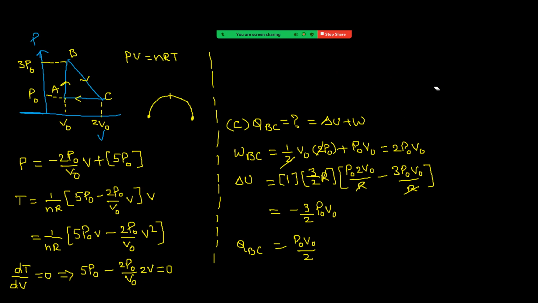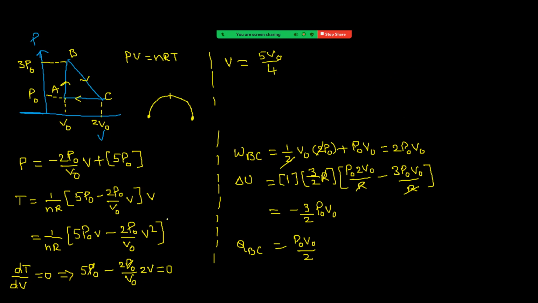See what's the value of V. So the value of V, P naught gets cancelled, V equals 5 V naught upon 4, right?